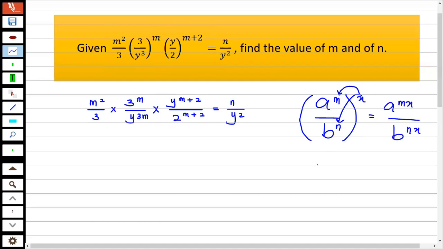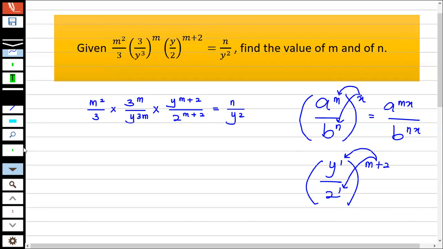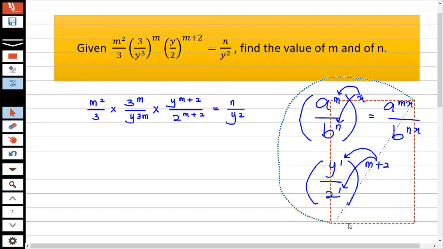Same goes to this. You see here is y over 2, outside is m plus 2. This is actually 1, you know. If they never put any indices, that represents 1. So m plus 2 must times with 1. That's why you have 2 values here. Understand? So that you understand the simple idea.